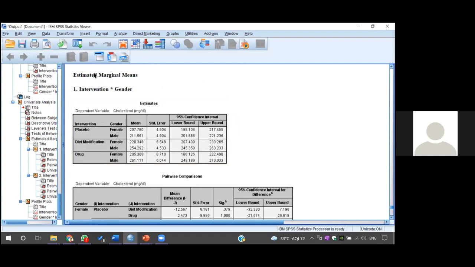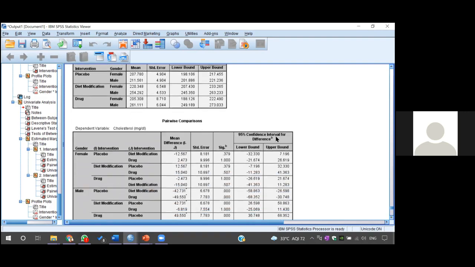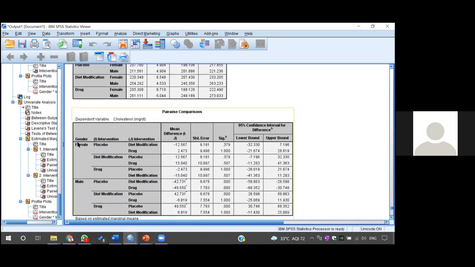So you will report the estimated marginal mean taking intervention first, and then you will report this pairwise comparison. In this pairwise comparison also, first it gives you the male and female, and then it makes the comparison of female placebo along with its diet modification and drug.